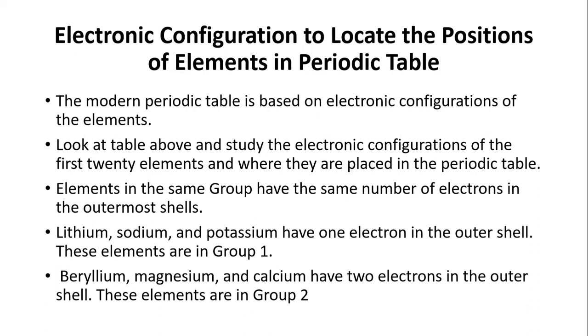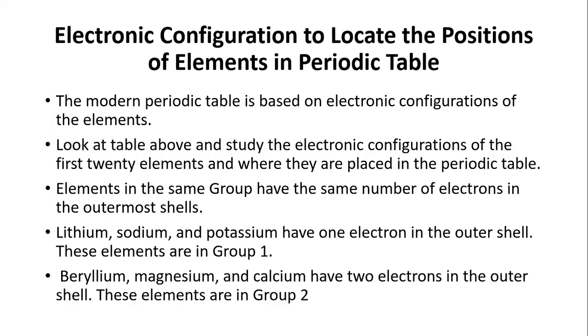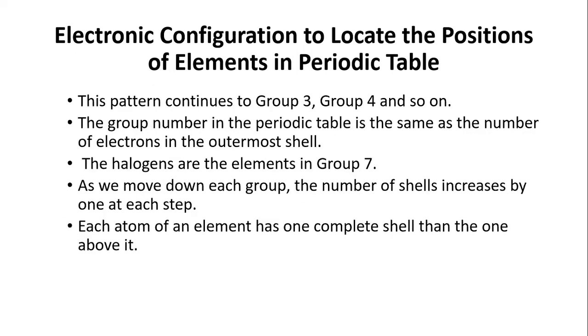These elements are in group 1, while beryllium, magnesium, and calcium have 2 electrons in the outermost shell, and these elements are in group 2. Moving on to the third group until the last one, this pattern continues to all the groups, 3, 4, and so on.